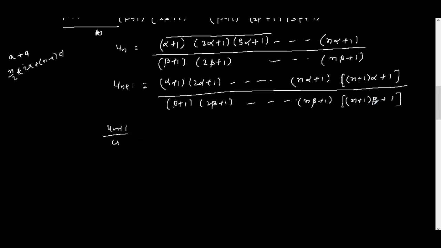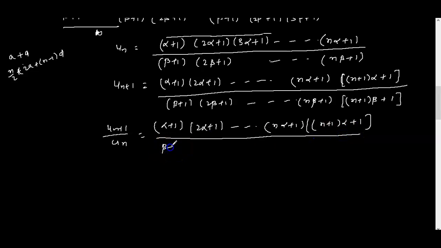See, I will do it here. We multiply (alpha plus 1)(2 alpha plus 1) and so on, (n alpha plus 1) and (n plus 1) alpha plus 1, divided by (beta plus 1)(2 beta plus 1) and so on, (n beta plus 1) and (n plus 1) beta plus 1.